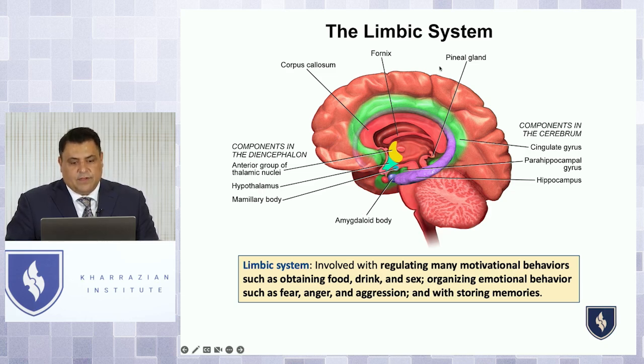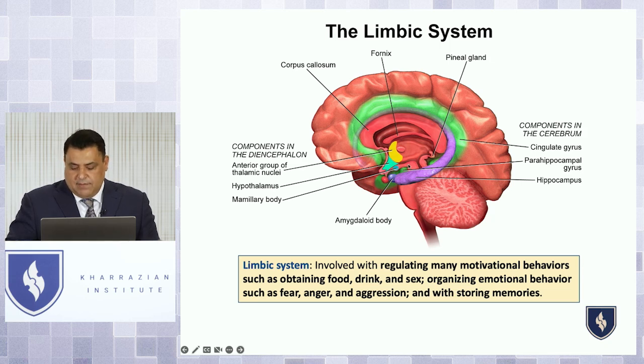These are all involved with the limbic system. They're in the very center midline area of the brain. The limbic system is involved with regulating many motivational behaviors, such as obtaining food, drink, and sex, organizing emotional behaviors such as fear, anger, aggression, and with storing memories. So this is the emotion you have, the motivation, drive you have. These are all limbic system functions.